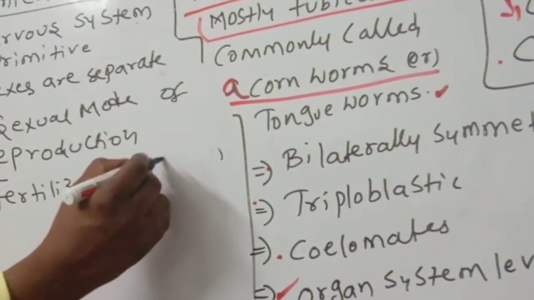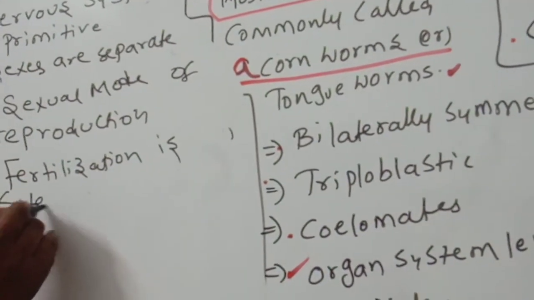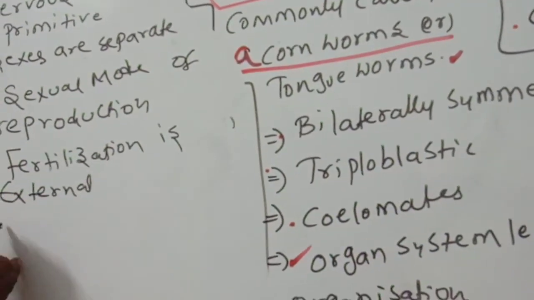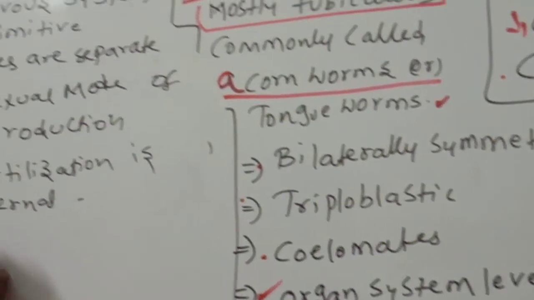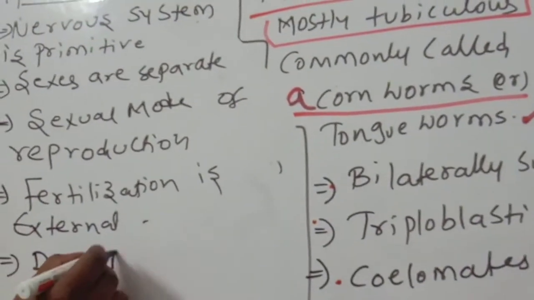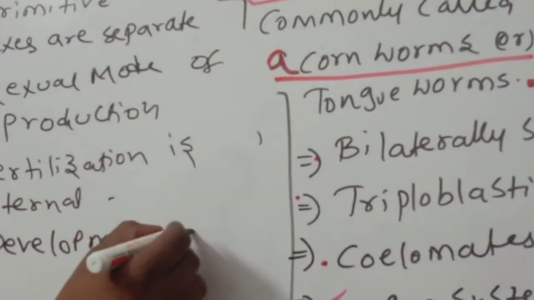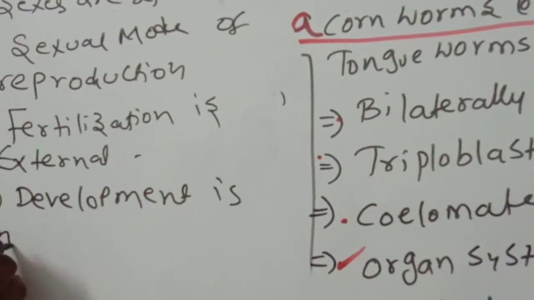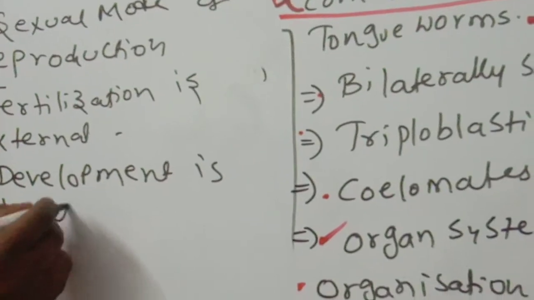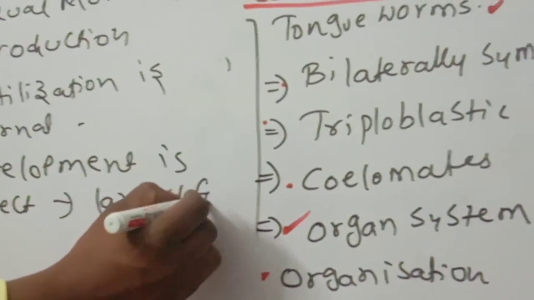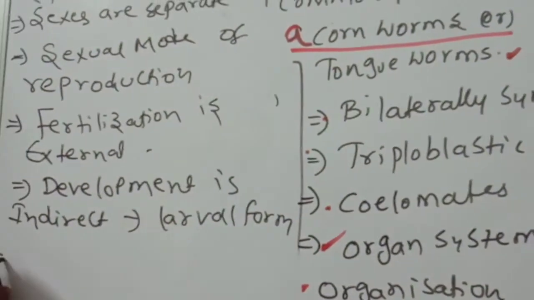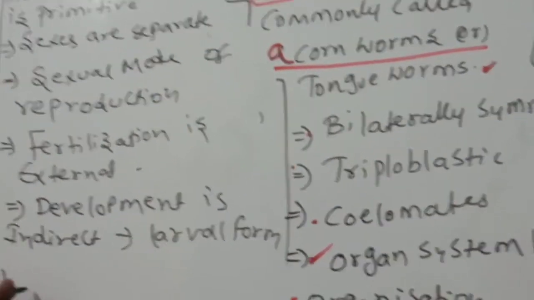The fertilization takes place outside of the body, that is, external. The development is indirect. What is the meaning of indirect? They have a larval form, and that is called indirect development.